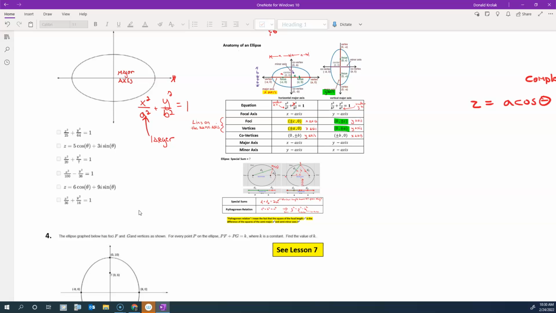Because remember, when we did this part, this is the real number, so that would make this 5. That would be the imaginary axis, that would be 3. So yeah, that makes sense. That is longer than the co-vertex. So that could be one answer.